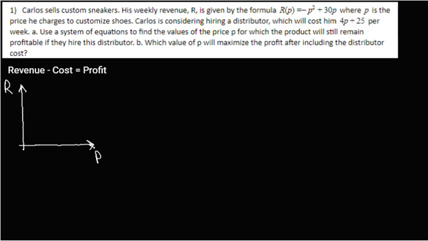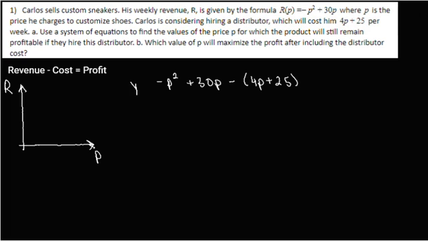And so let's go ahead and look at it: revenue minus cost equals our profit, and we're looking at making a profit, so we've got to do our revenue, negative P squared plus 30P, minus the cost, which is 4P plus 25, and that will equal our profit.